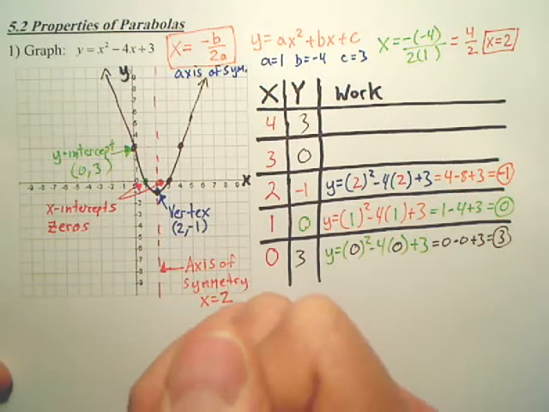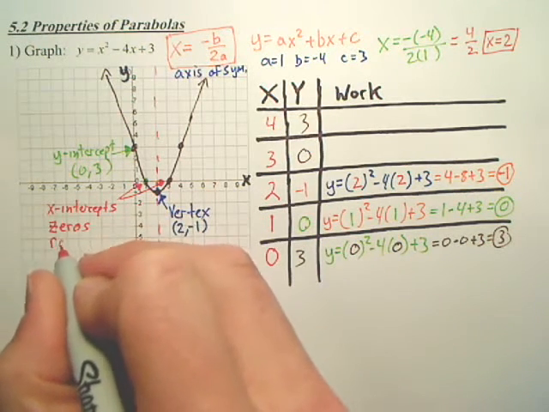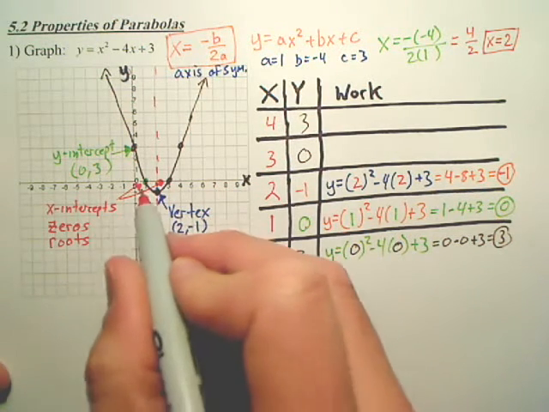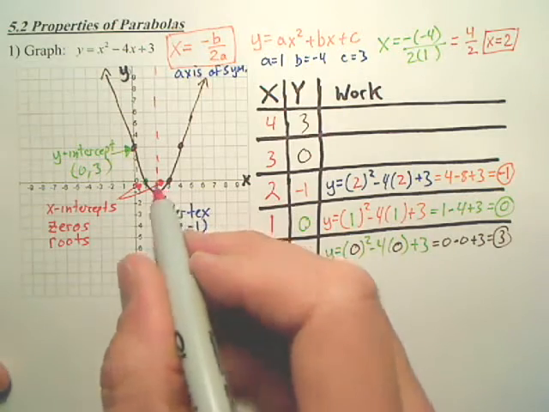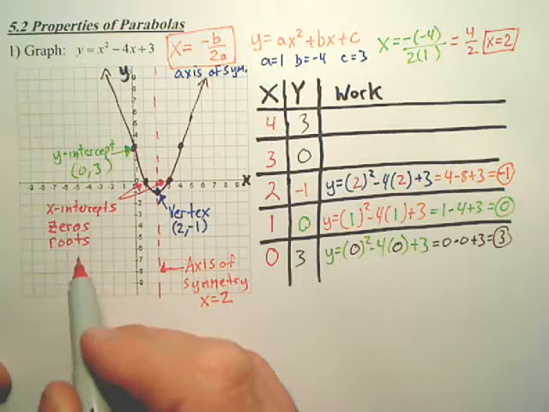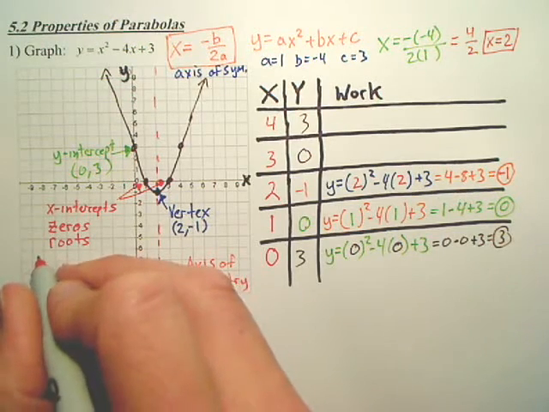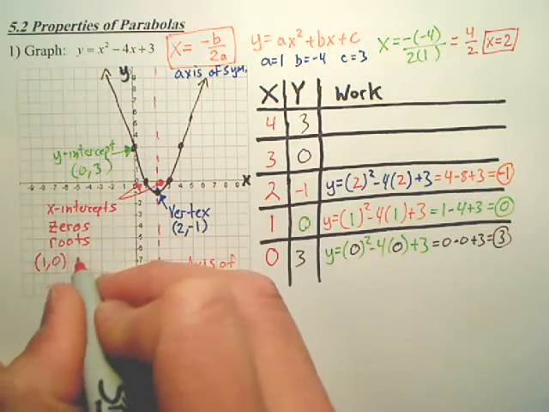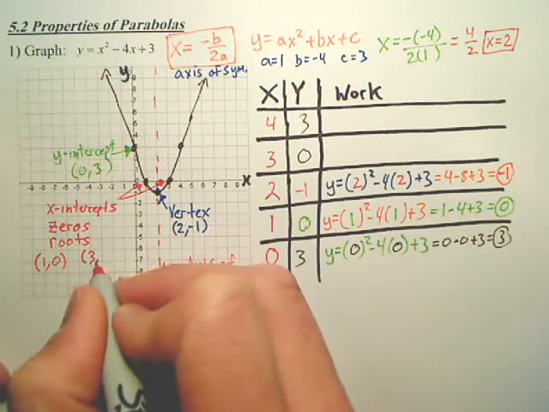You'll see why later. They're also called the roots. They're right there. And in this situation, there's 2 of them. Looks like one of them's 1, 0. The other one is 3, 0.